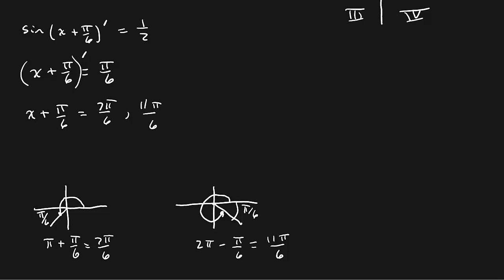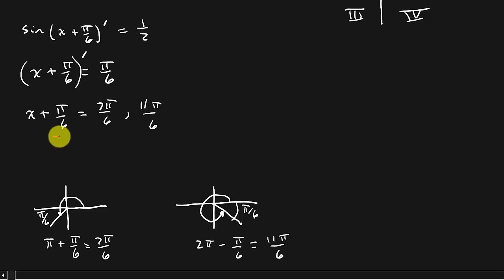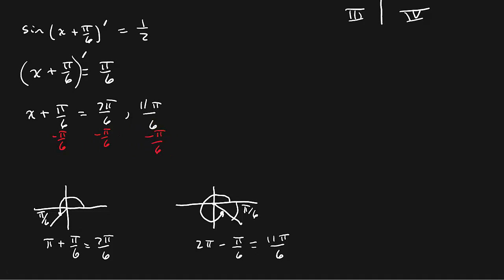All right, so is that my answer? No, that's not what x equals, is it? That's not x. That's x plus pi over 6. So what's x? Well, I need to subtract pi over 6 from everything, don't I?